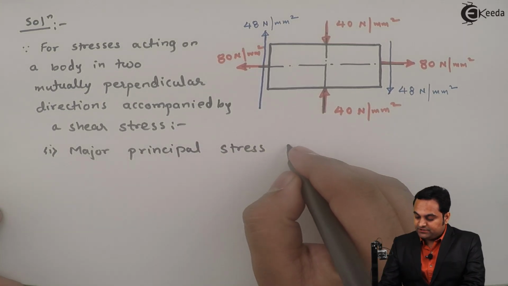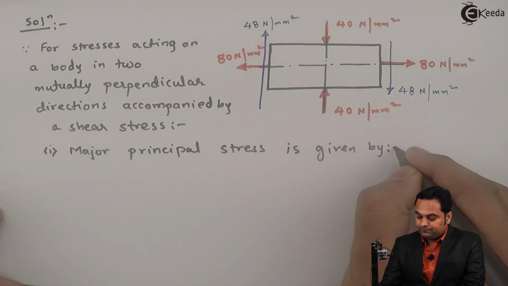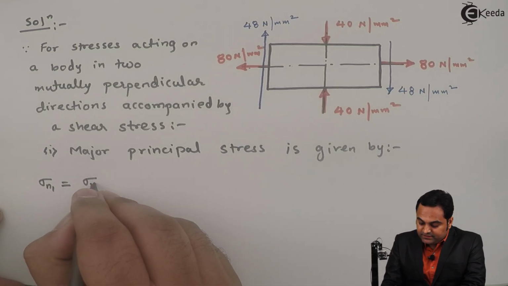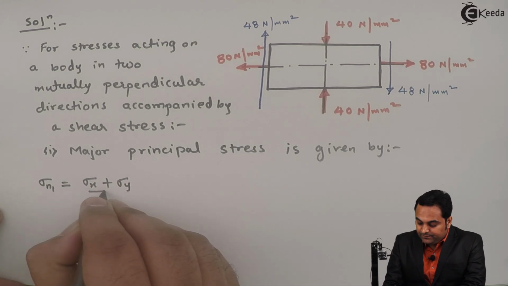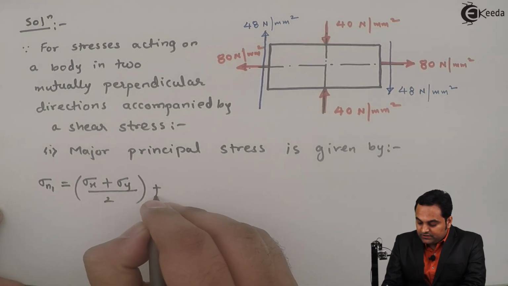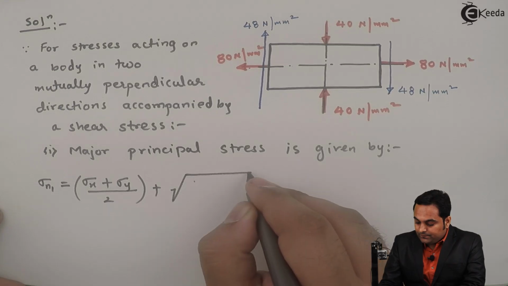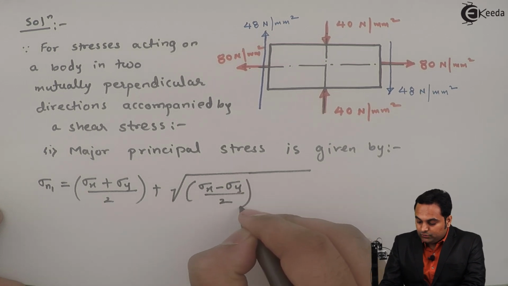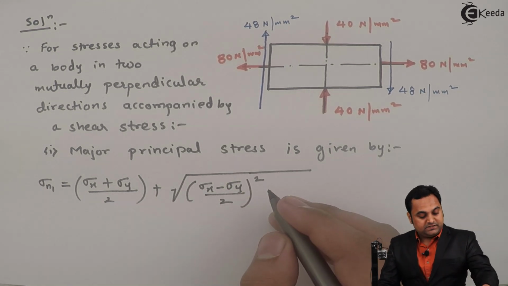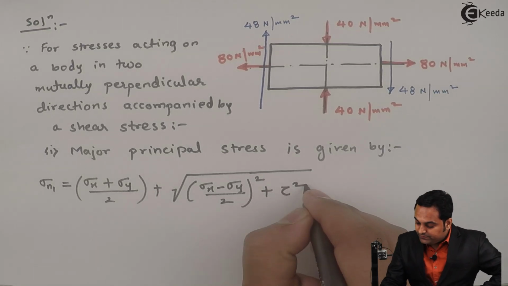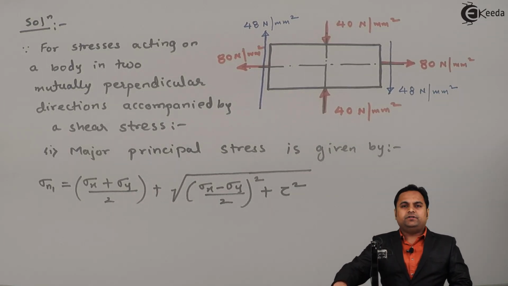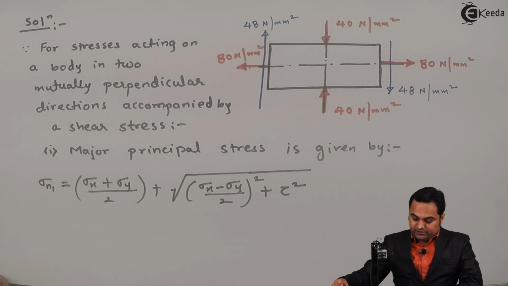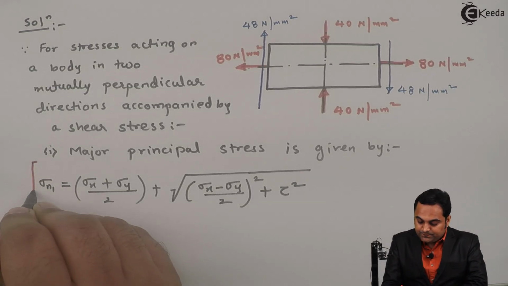The major principal stress is given by sigma n1 is equal to sigma x plus sigma y by 2 plus root of sigma x minus sigma y by 2 whole square plus tau square. Now this is the formula to calculate the major principal stress, and this major principal stress would be used in the calculation of maximum shear stress.